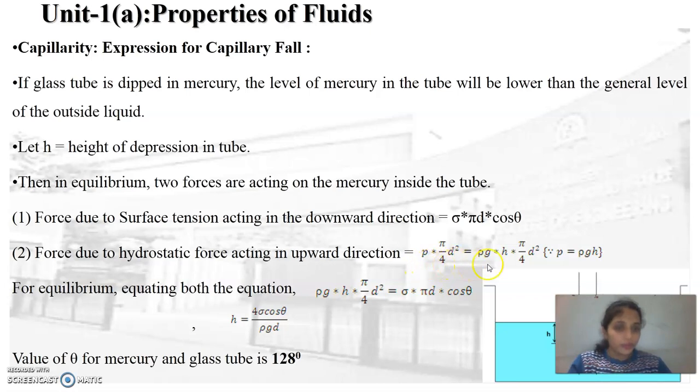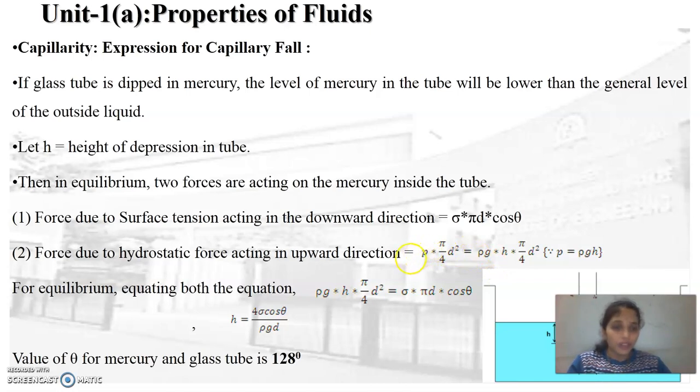Pressure intensity we can determine from the hydrostatic law, that is rho g into h, and the total hydrostatic force acting in the upward direction is rho g h into pi by 4 d square.